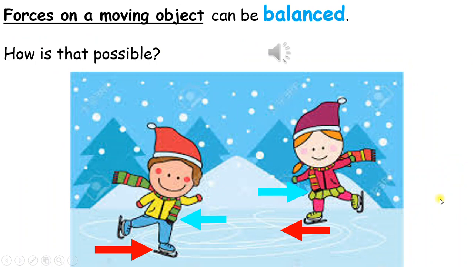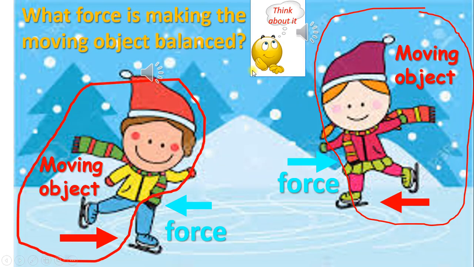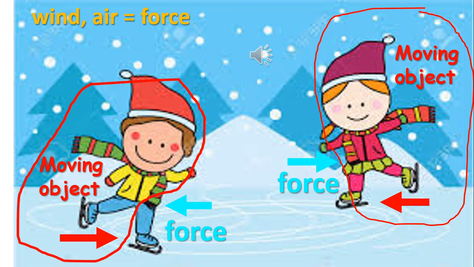Forces on a moving object can be balanced. How is that possible? What force is making the moving object balanced? Wind and air are some forces that balance out the ice skater's moving forces.